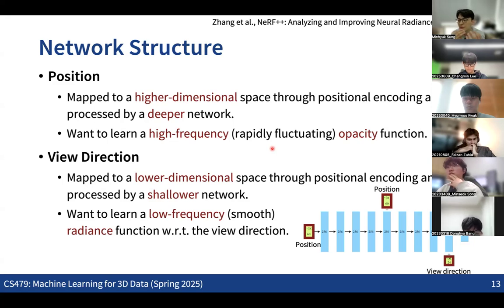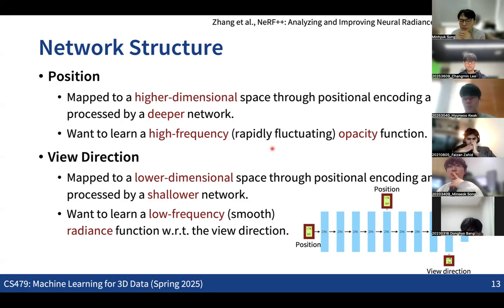So when you expect the output function that we are learning to be a high frequency function, a rapidly fluctuating function, we make the neural network deeper, and also do position encoding with high frequency sine and cosine functions, increasing the dimension of the position encoding. In terms of that, we can properly learn these fluctuating functions with this architecture.